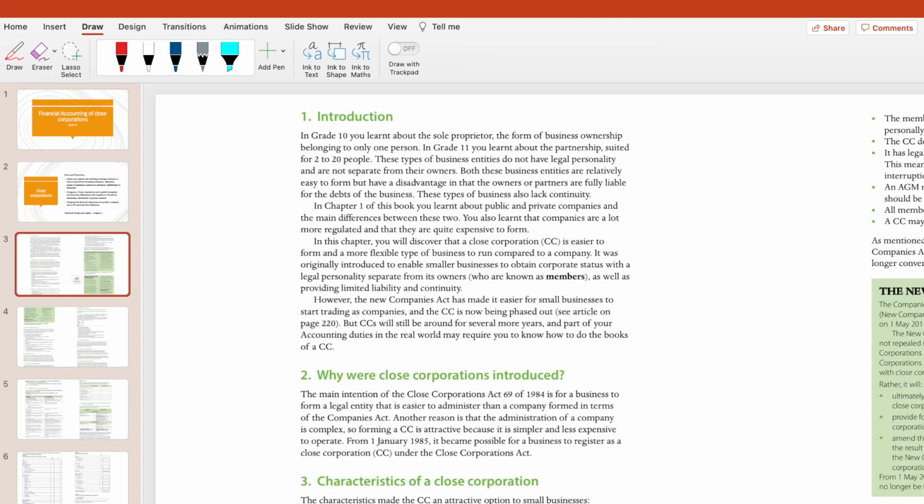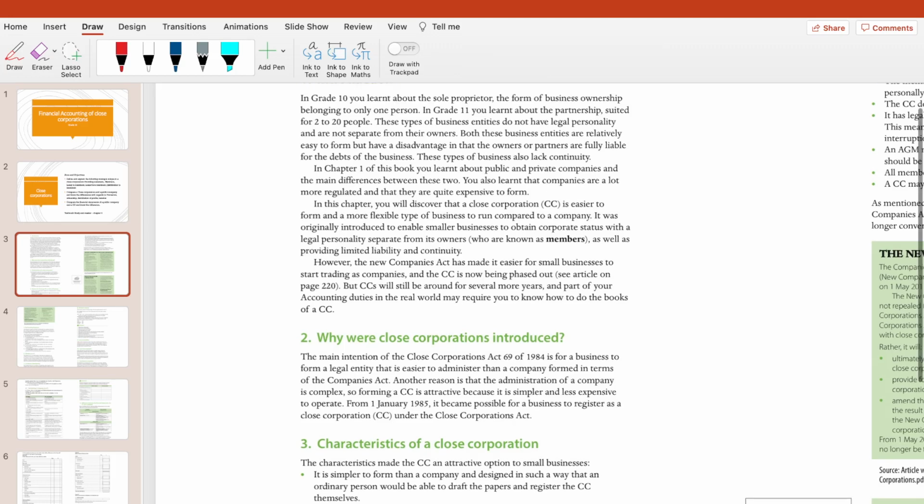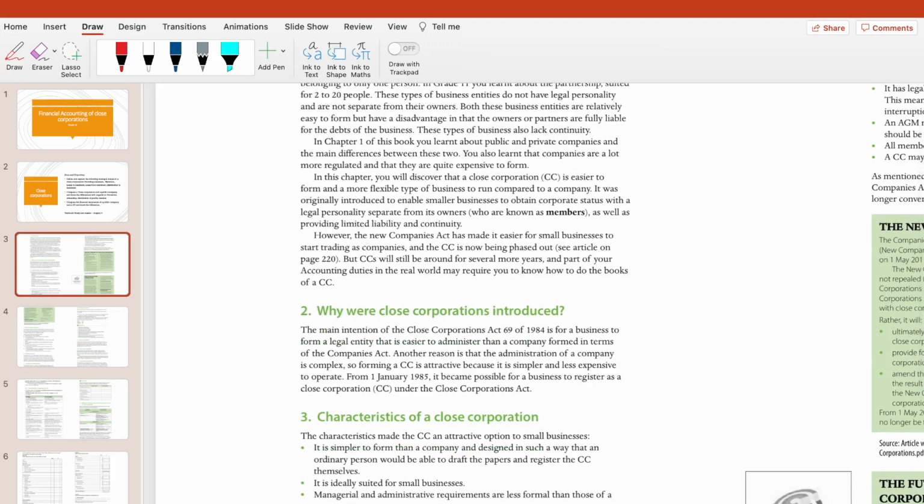Now we are introducing you to the closed corporation, or in short the CC, and we see that a CC is much easier to form and a much more flexible type of business to run compared to a company. And it was originally introduced years ago to enable smaller businesses to obtain corporate status with a legal personality that is separate from the owners, who are known as the members.